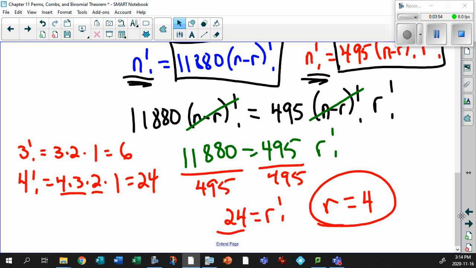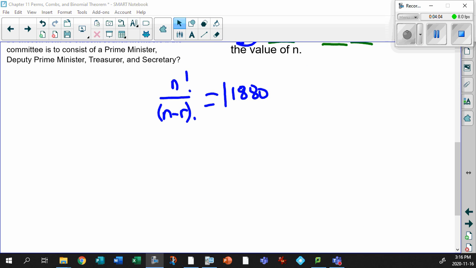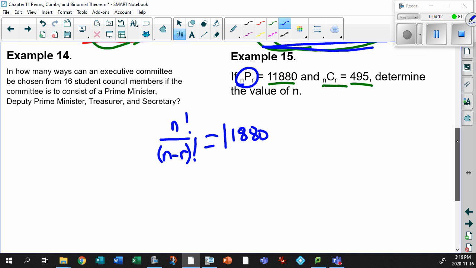Let's use that to figure out our n factorial. Okay, so what I'm going to do is I'm going to clean this up. I'll be back in a second. Hold on. Remember this formula? Remember this one? That said, n factorial over n minus r factorial equals 11880. Do you remember that our r equals 4 that we just finished solving?